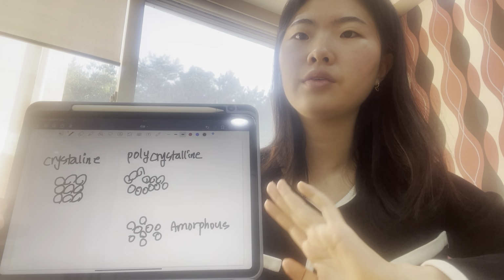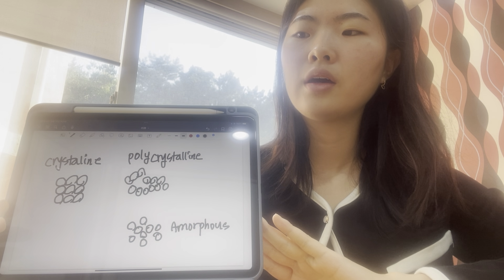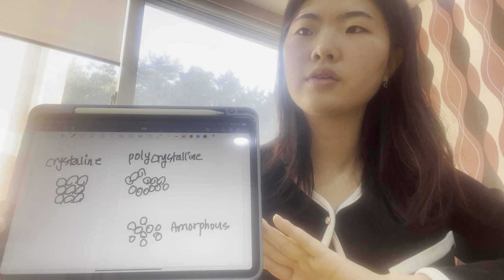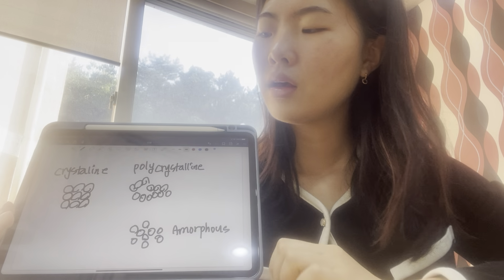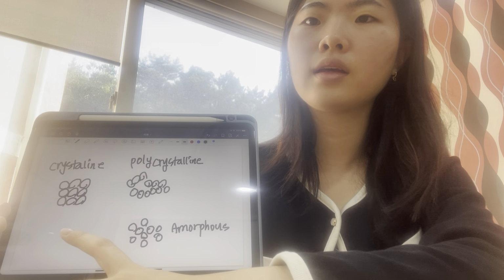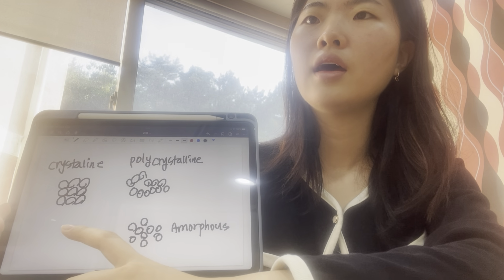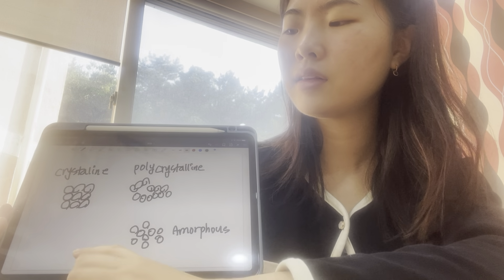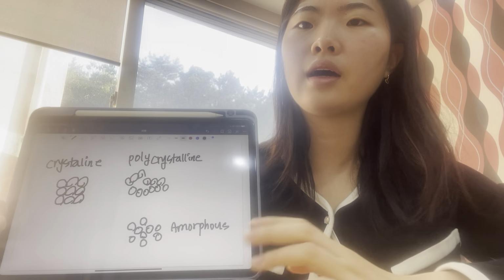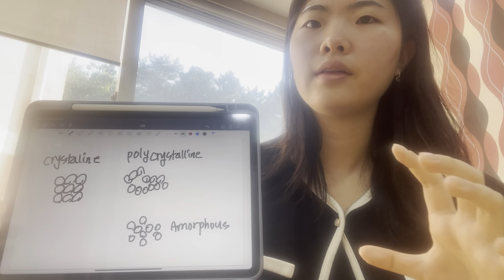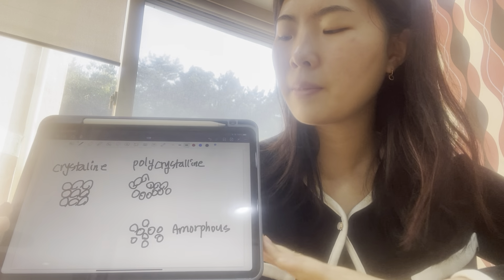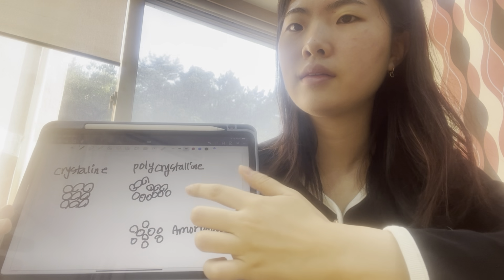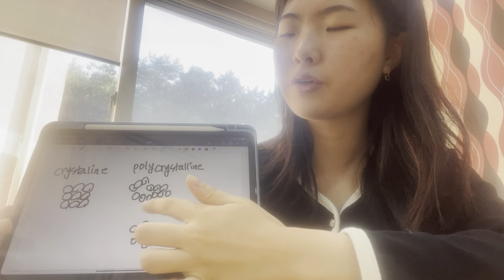And this is the three types of solid state. First, crystalline. It is a very good state, and this is the most ideal state of solid. And polycrystalline is a group.